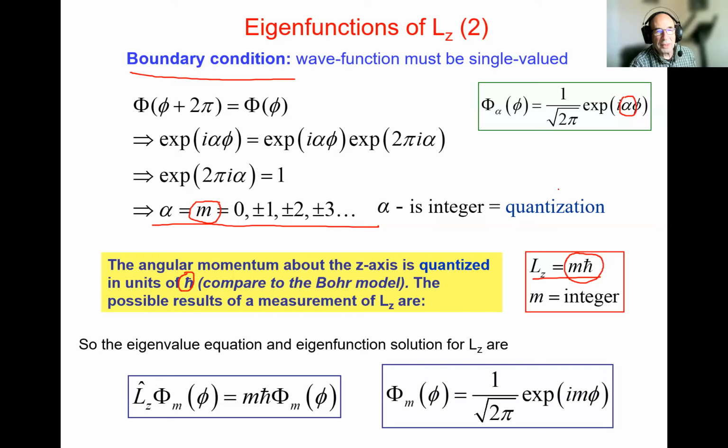What we found is that the Lz component is particularly easy. It is quantized with this quantum number m, which has an integer value as a result of the application of a boundary condition. The boundary condition is that the wave function must be single valued.